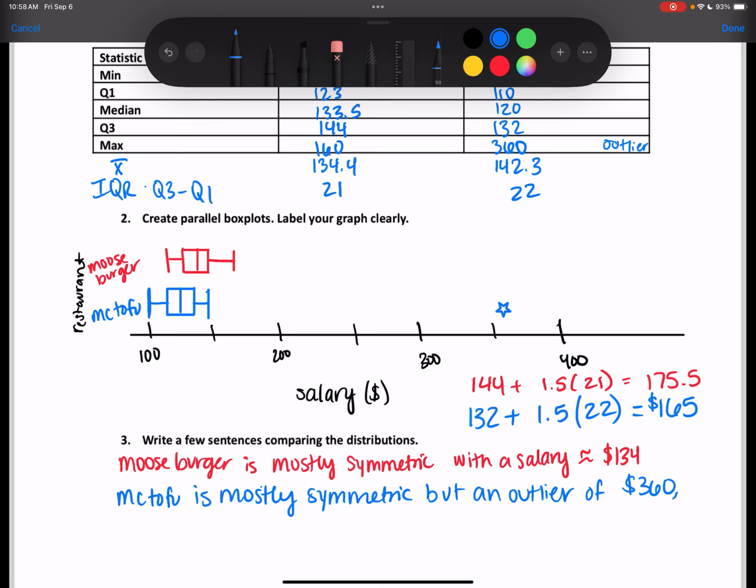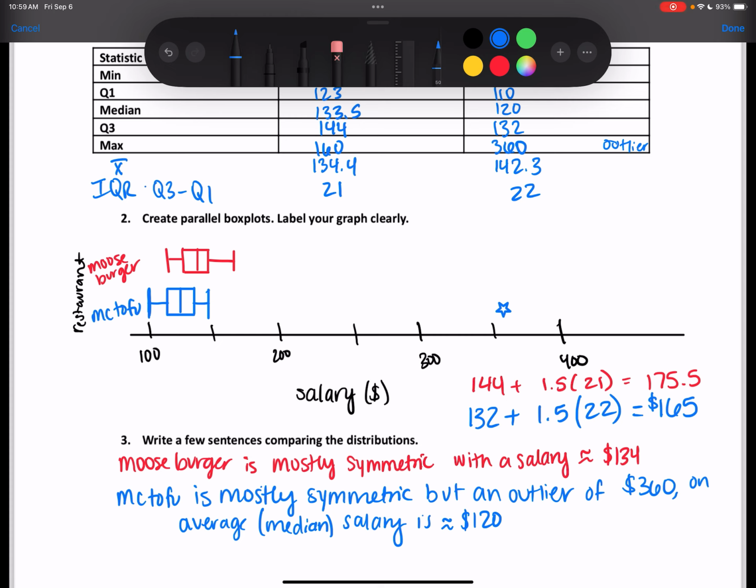On average, by looking at the median, the salary is approximately $120. And the reason I'm looking at the median, even though I've said it's approximately symmetric, is because without rerunning the numbers, the outlier is going to throw things off. So that's why I wanted to look at the median.